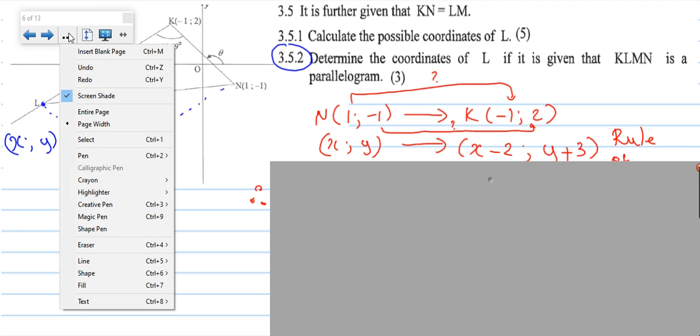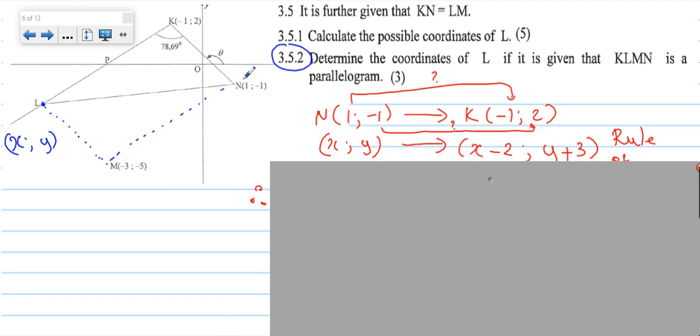So in this case, we know that L is transformed in that direction, from N to K, and therefore we go in that direction, from a known to an unknown. If you go from N to K, then the rule: how can 1 become minus 2 if you add a minus 1? How can 1 become minus 1 if you add a minus 2?